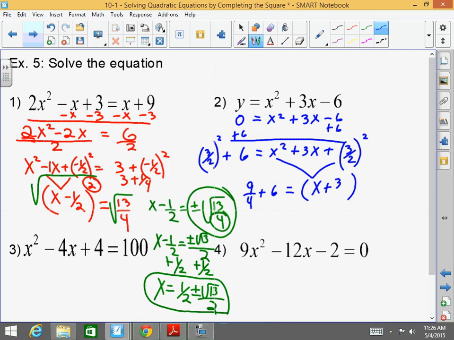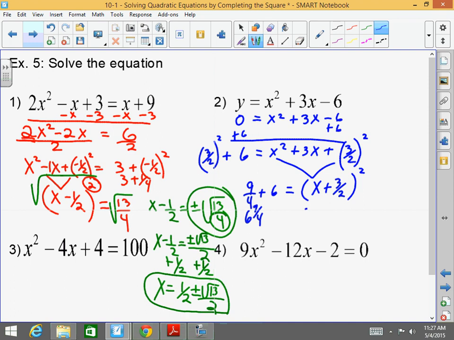X plus 3/2 squared. Got to add fractions. You don't want to make it a mixed number. You want to make it an improper fraction. So this is 6 plus 9/4, which is 24 plus 9, so that's 33.